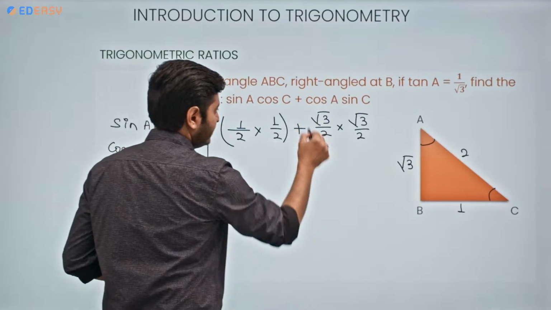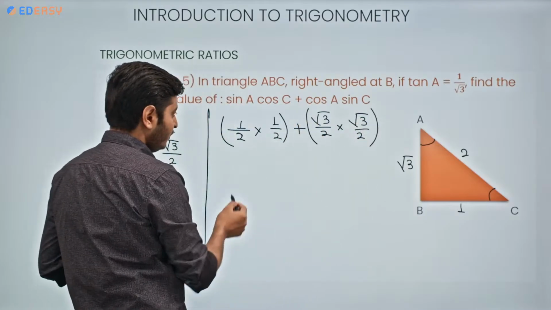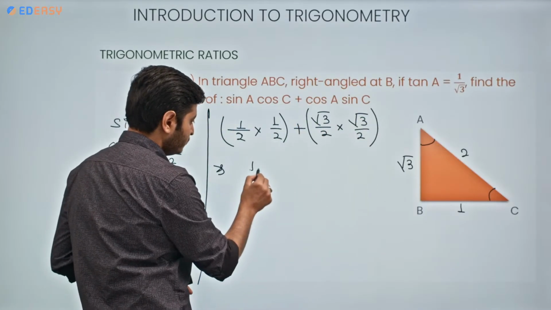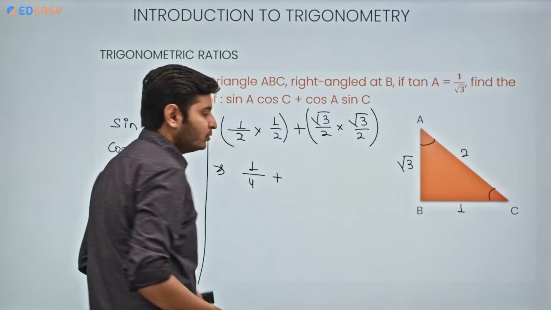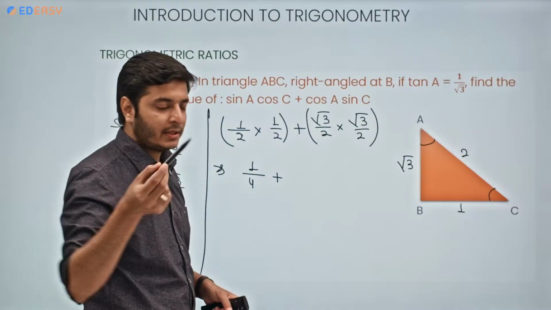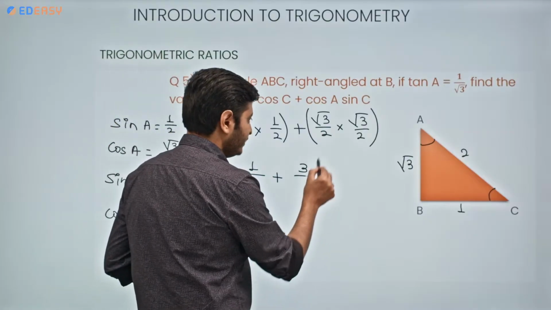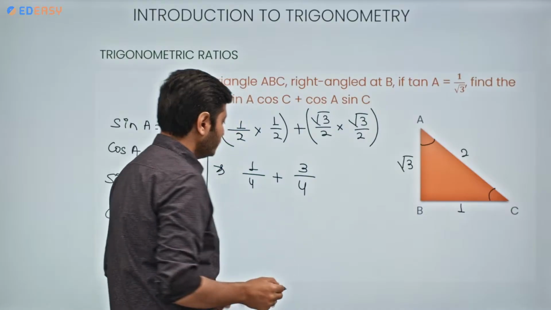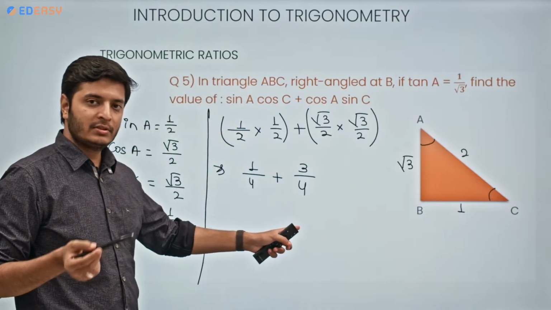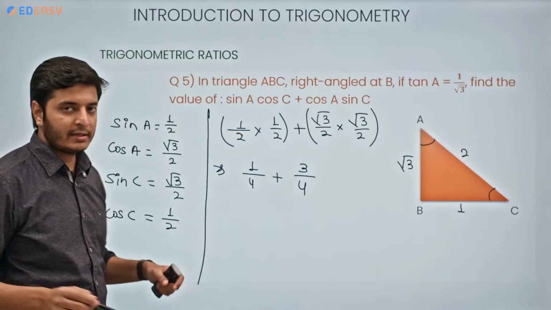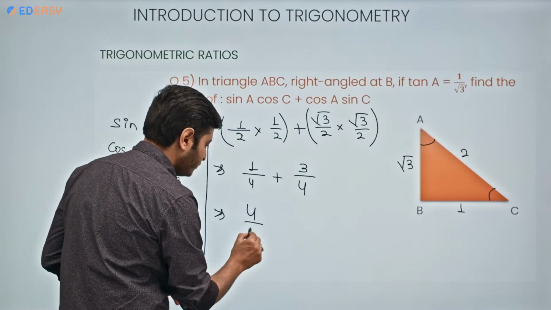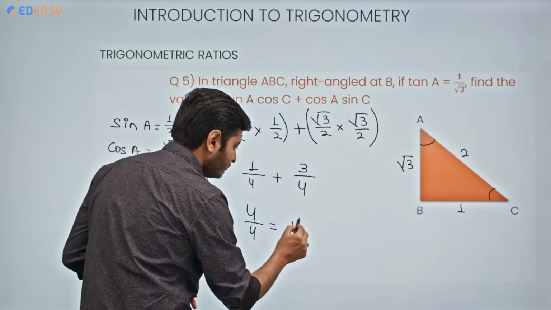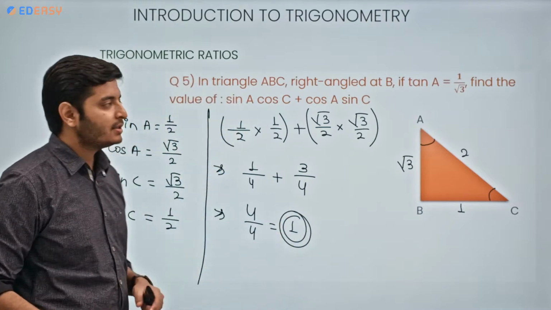Multiply these two and these two. 1 by 2 into 1 by 2, 1 by 4, plus root 3 into root 3, root 3 whole square, so 3, divided by 2 into 2, 4. Having same denominator, so we can directly apply the operation. This is going to give us 1 plus 3, 4 by 4. So the final answer is 1. This is the final answer.